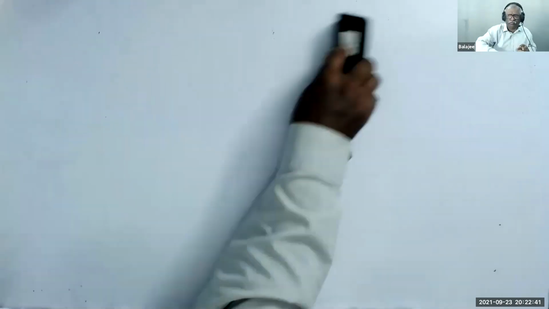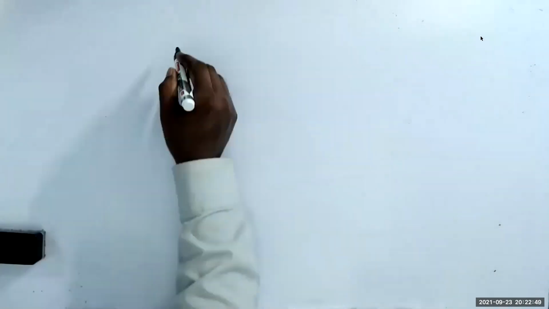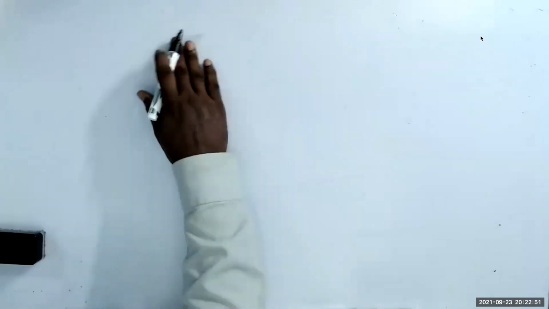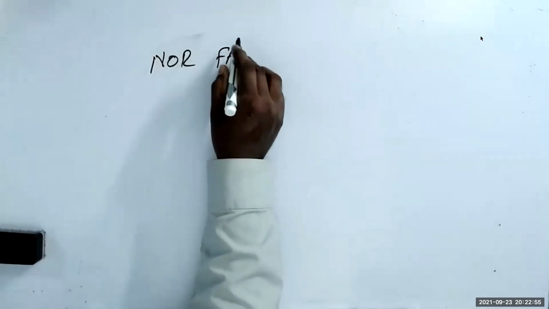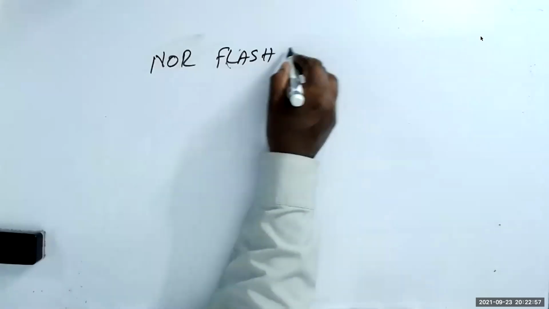There were 3 flashes I told you. One is NOR flash. One is NAND flash. One is serial flash. Now, there are 2 flashes: one is NOR flash, and the other one is NAND flash.